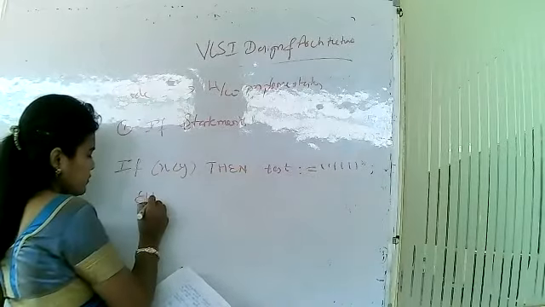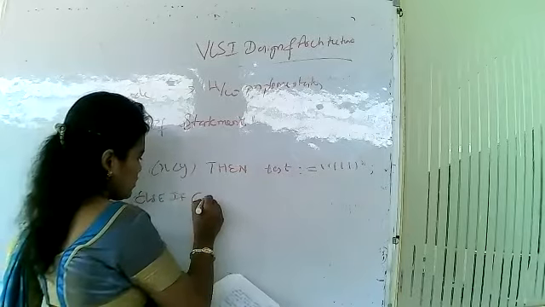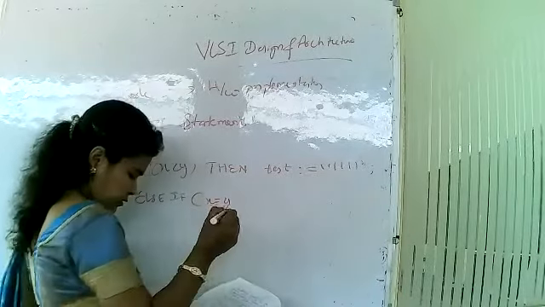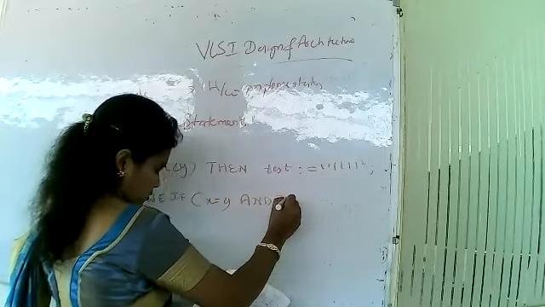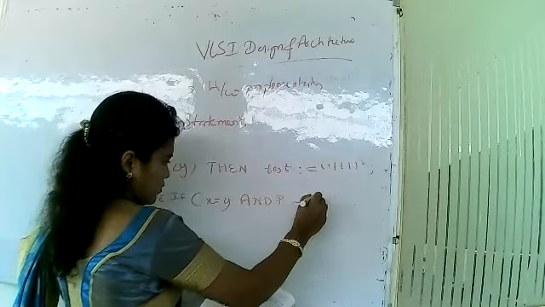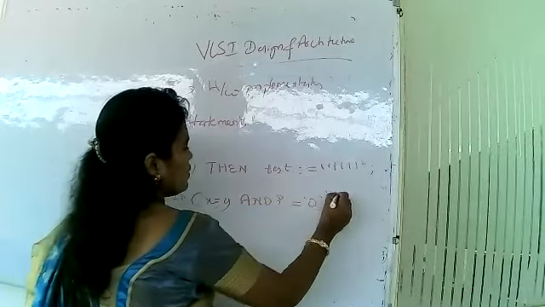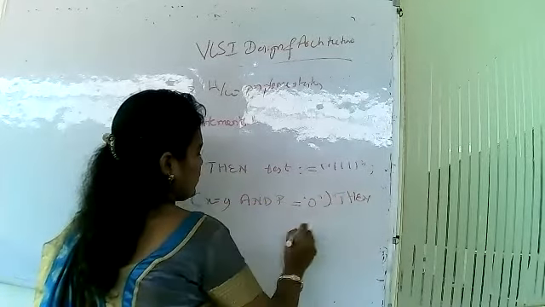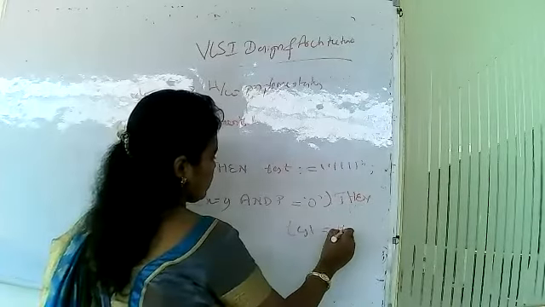Else if x equal to y and p will be 0, then test is 0, 0, 0.